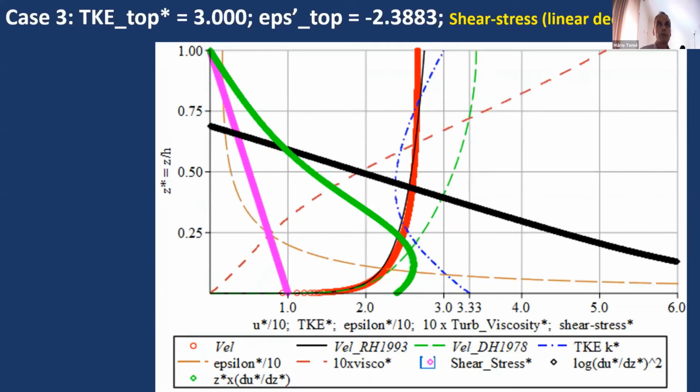In the third case, I assume a value of turbulent kinetic energy of 3 at the top, and also the shear stress linearly decreasing, and we get these results.